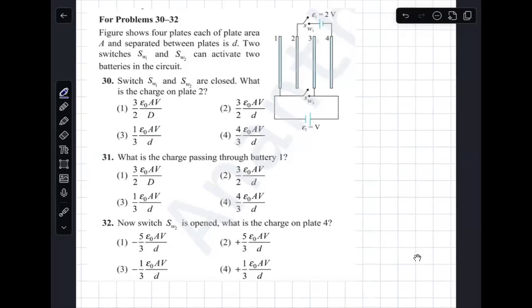Now you have closed SW1 and SW2. Closing SW2 makes nothing because it is shorted, literally shorted. It is the same as connecting 1 and 3.